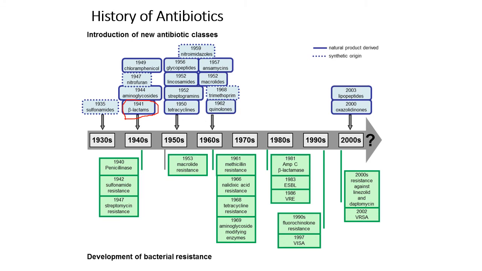Really, from the 60s, there's not a lot that came on the market in the 70s, 80s, 90s. But then we came into the 2000s, and we have new lipopeptides and oxazolidinones, which are an important new class, probably one of the most important new synthetic classes of antibiotics discovered in the mid-2000s. But already, as you can see here, resistance occurred shortly after their introduction.